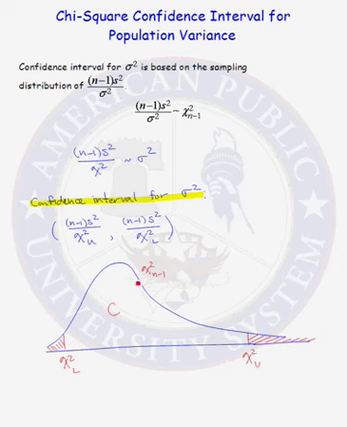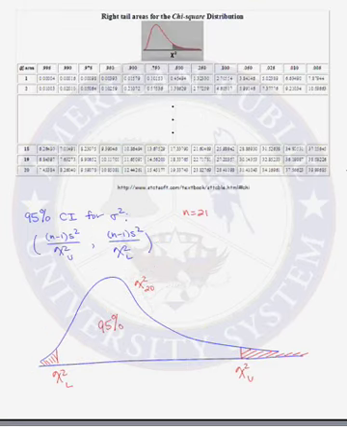So if there is area C in the middle, that leaves 1 minus C for the two tails, and we want equal amounts in the two tails. So in the upper tail, we should have (1 minus C) over 2, and that's also the area of the lower tail.